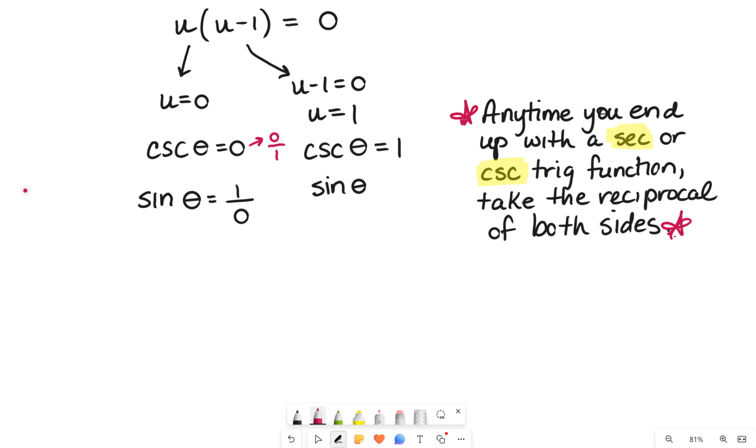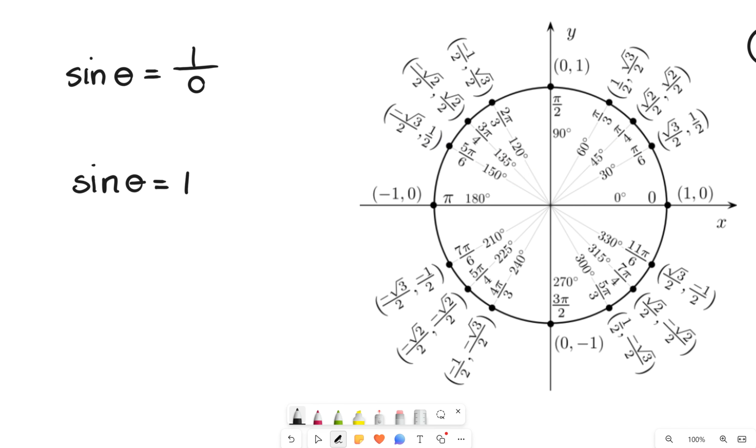Cosecant theta becomes sine theta. We know 1 is just 1 over 1. What is the reciprocal of 1 over 1? It's still 1. Okay? So we are going to go to the unit circle to find the angles where sine theta is going to be 1 over 0 or sine theta is going to be 1.